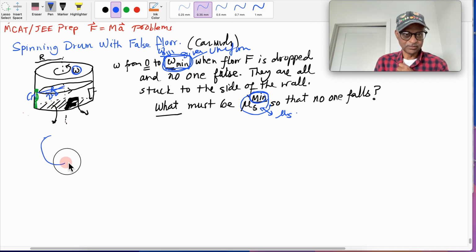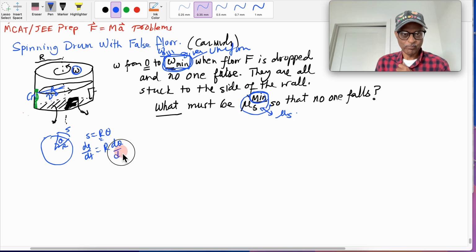The distance you travel, s equals r theta, and take a derivative of both sides. r is fixed because it's a circle, and this is omega, and this is v. So v equals r omega in a circle.